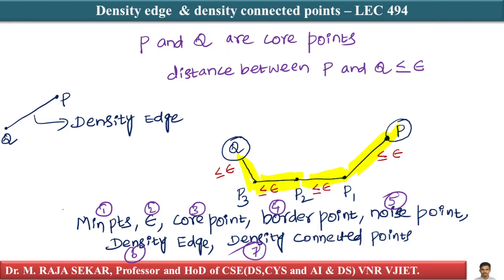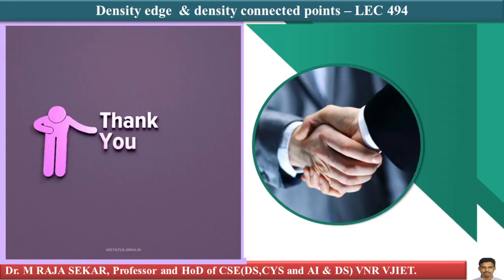These are the 7 core ideas that we have to understand right now. Using these 7 ideas, we will understand how the DBSCAN algorithm works. Of course, min points and epsilon are hyperparameters of DBSCAN. Thank you very much.